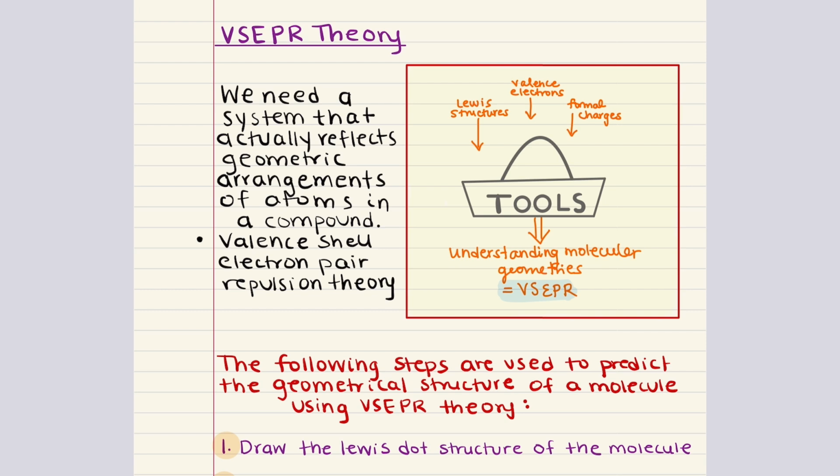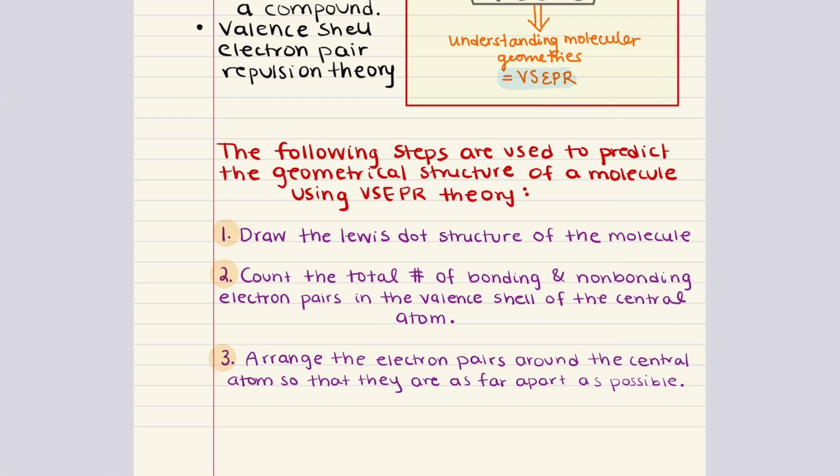These electron pairs arrange themselves as far apart as possible, thereby minimizing repulsive forces. The following steps are used to predict the geometrical structure of a molecule using VSEPR theory. The first thing you want to do is draw the Lewis dot structure of the molecule of interest.